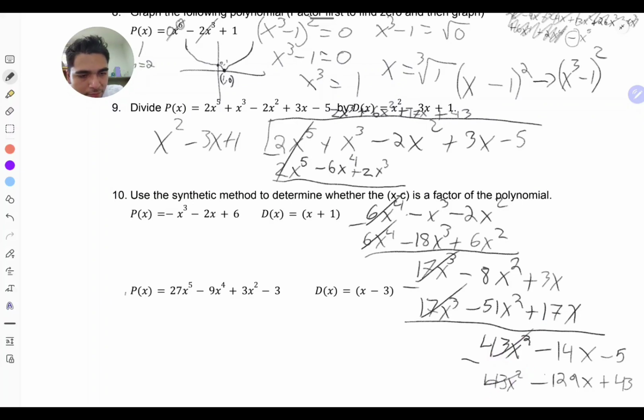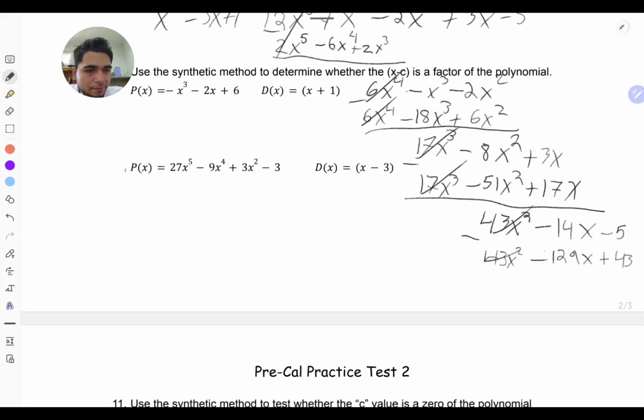Subtract, this cancels, and you're left with negative 14 minus negative 129 gives you 115x, and negative 5 minus 43 is just negative 48, right? Plus 48.